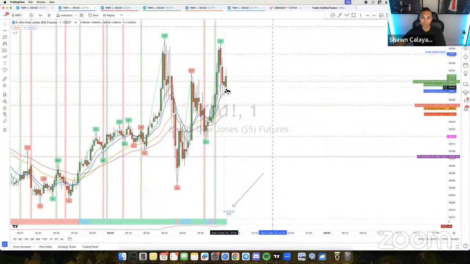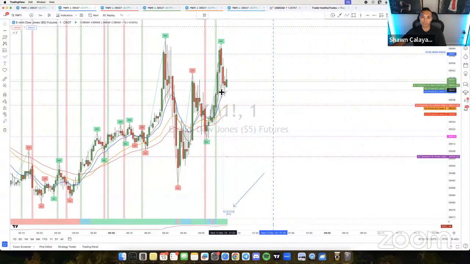I'm looking for price to break above the sessions again, because it just faked out below. There are a lot of fake outs that happen around where the sessions are. You can see it's faking out in both directions: a fake out above, a fake out below. But once the fake outs are done going back and forth, the key thing is that price comes back up and flows with the trend to the upside.